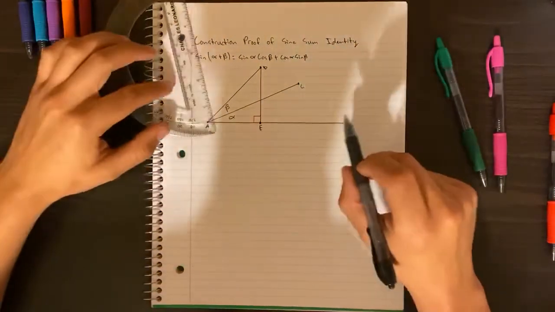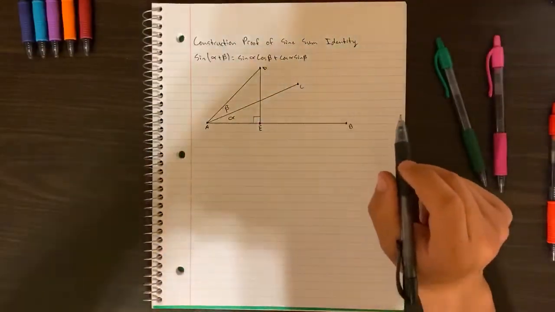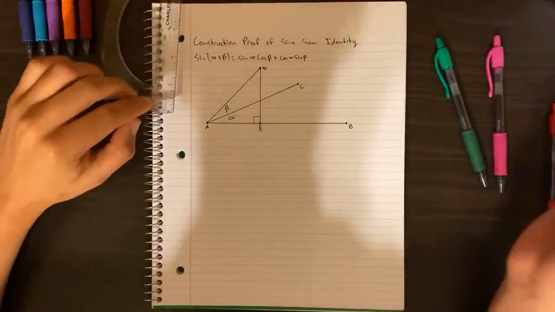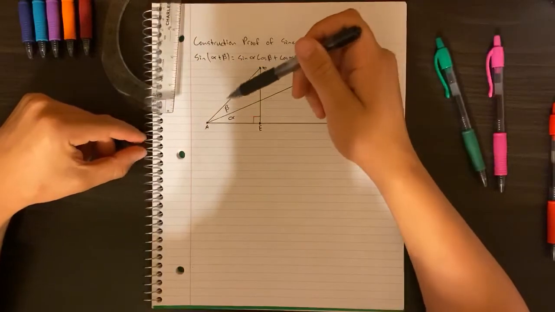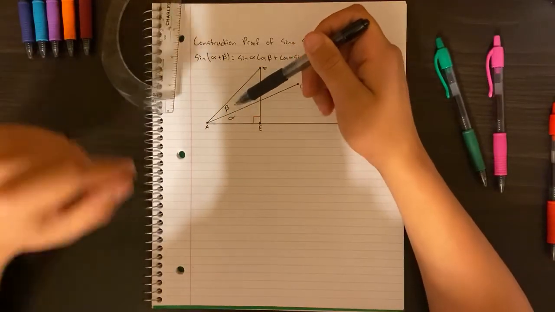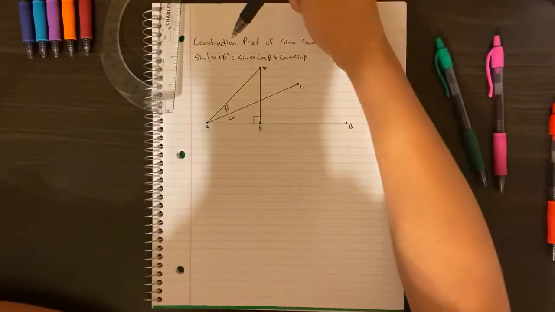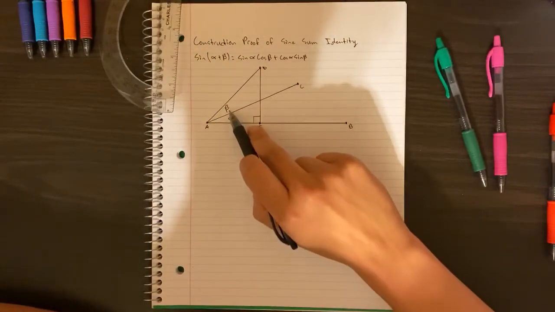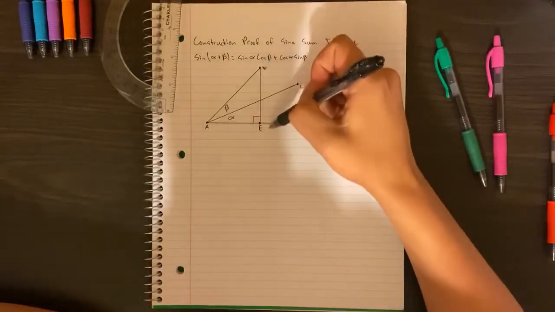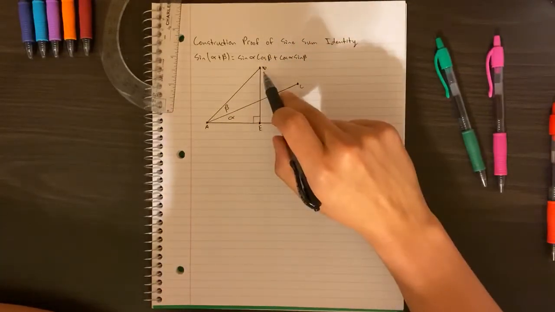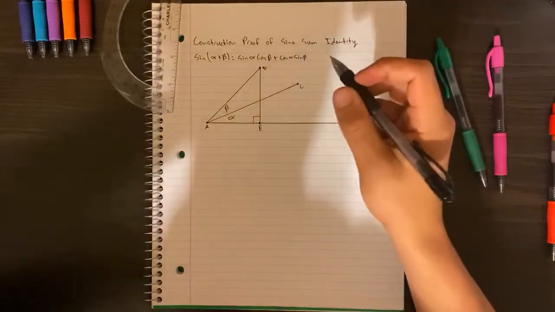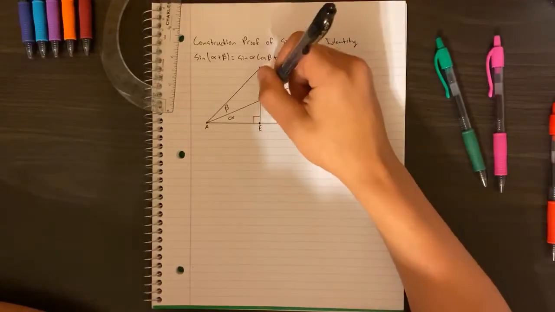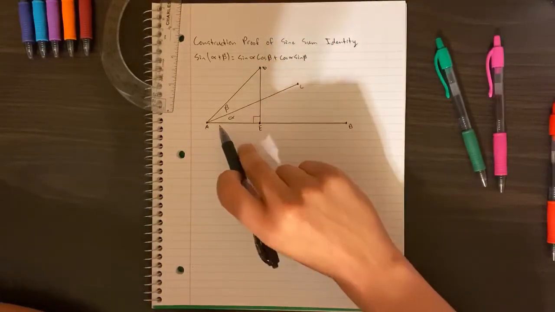Line DE. So right now we can already notice that sine of alpha plus beta, because that's the left side of our sine sum identity, equals DE over AD, because sine is opposite over hypotenuse.